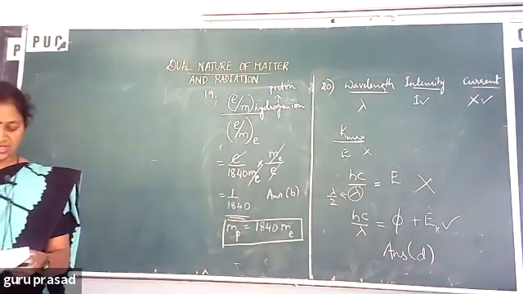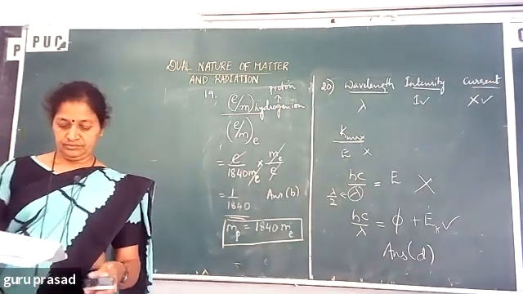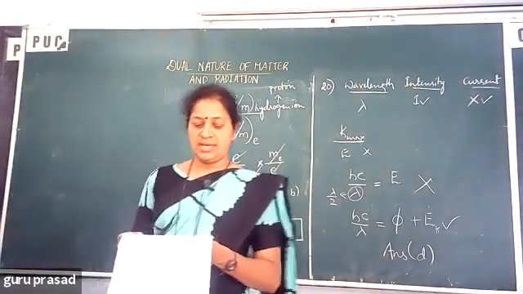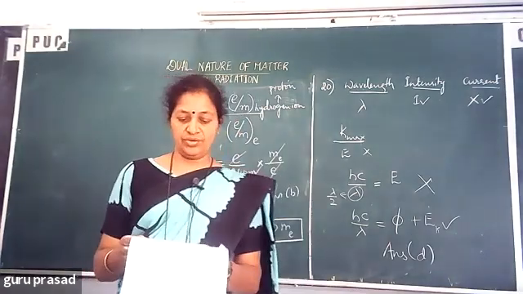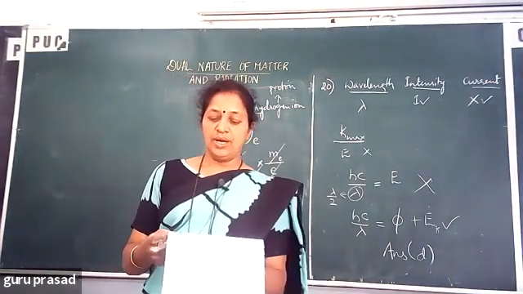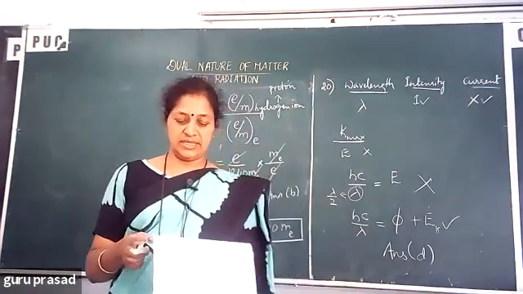Okay, next question, the 21st question. The maximum velocity of photoelectrons emitted by a photoemitter is 1.8 into 10 power 6 meter per second.